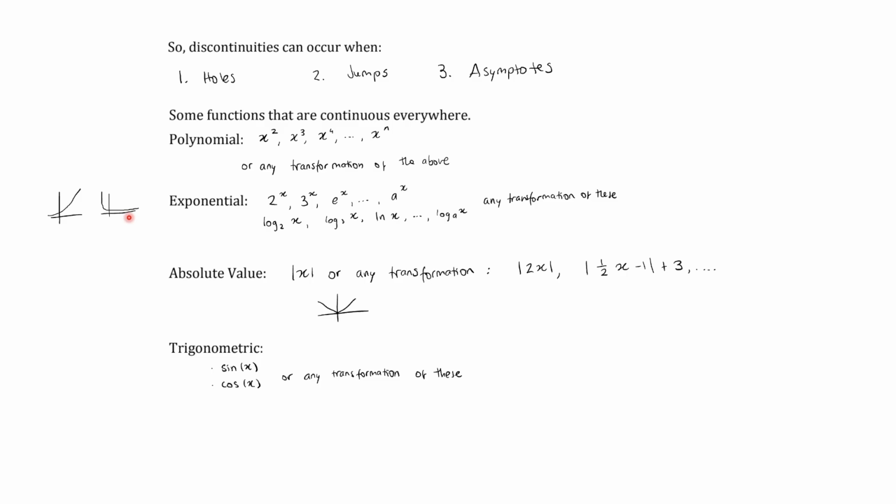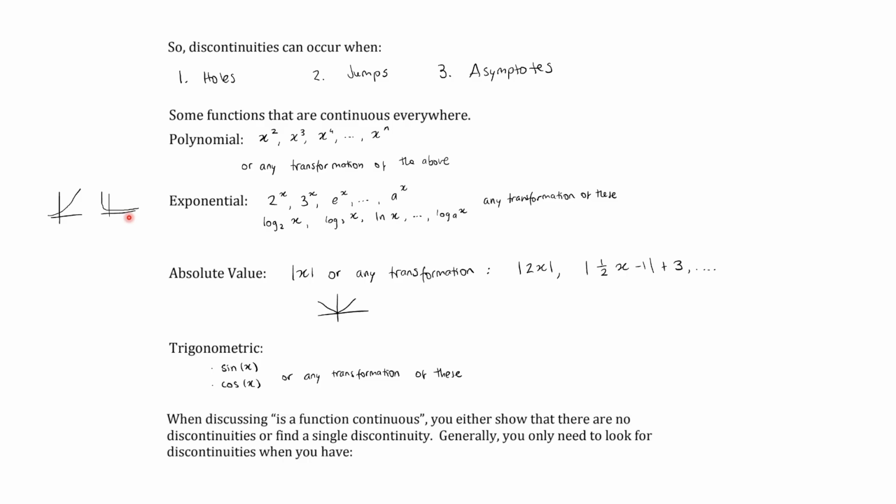So when discussing is the function continuous, we can either show that there are no discontinuities or find a single discontinuity, because as long as there is one discontinuity, the function is going to be discontinuous, okay? All it takes is one hole for us to say that a function is discontinuous.